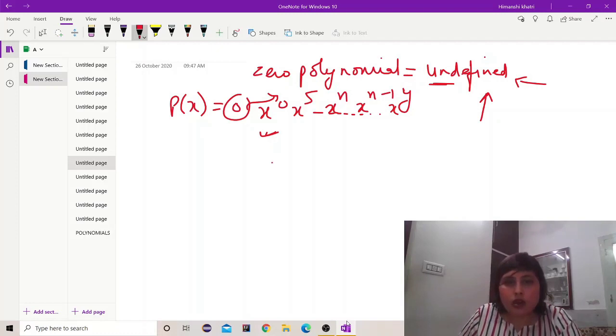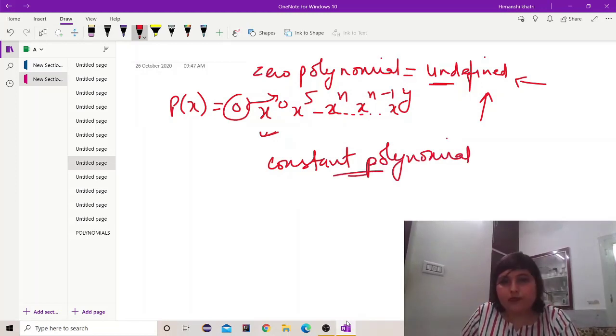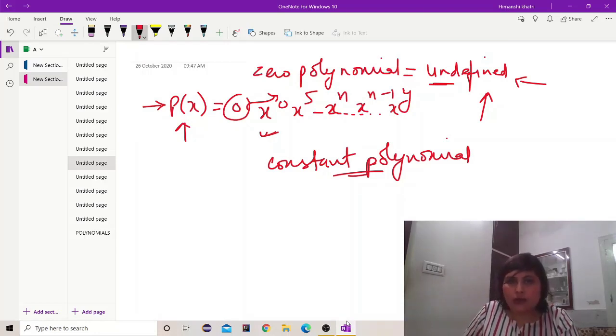Now coming on to the constant polynomial. What is a constant polynomial? We can write a polynomial in terms of x, using the variable x, as p(x). Now see, constant polynomial: I am writing 26. Is it an algebraic expression?